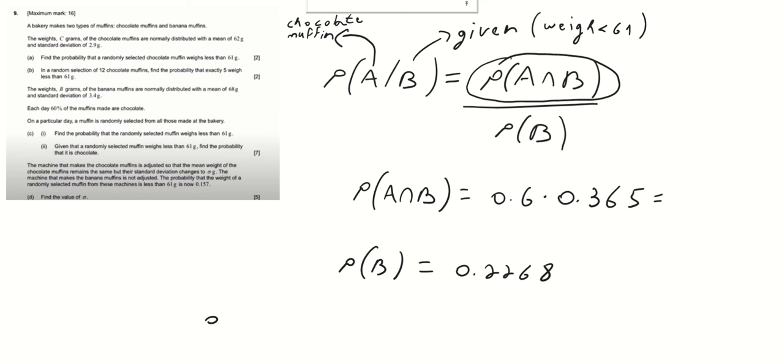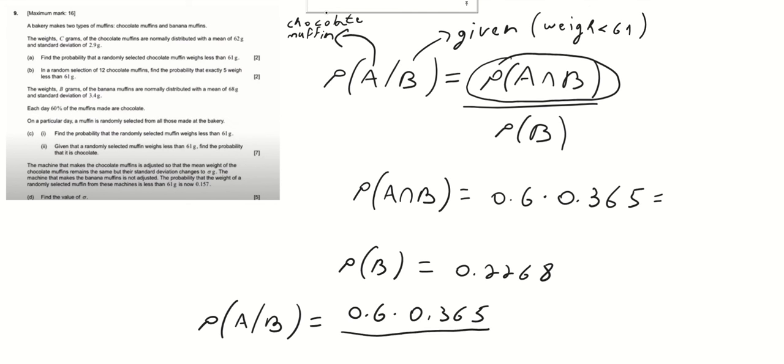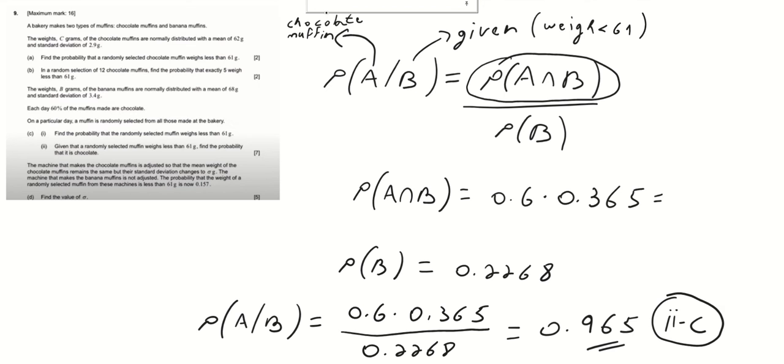So the final result, probability of A given B, is 0.6 times 0.365 over 0.2268, which is 0.965. This is C2.